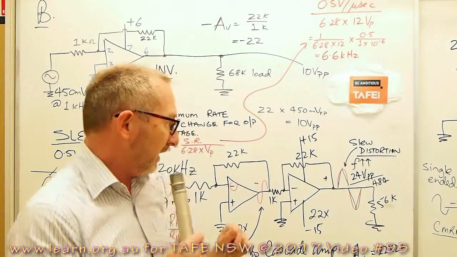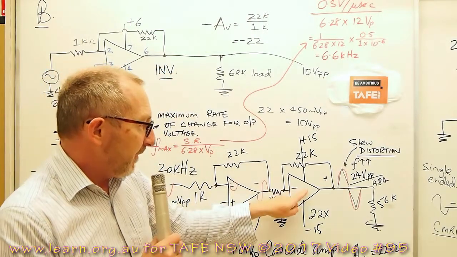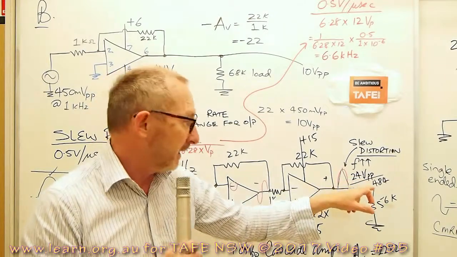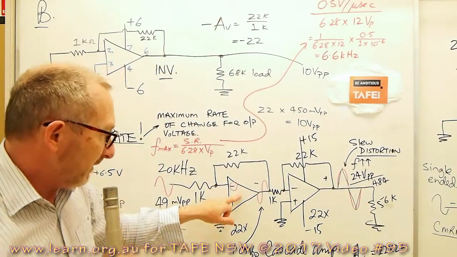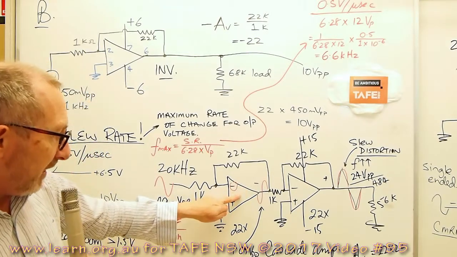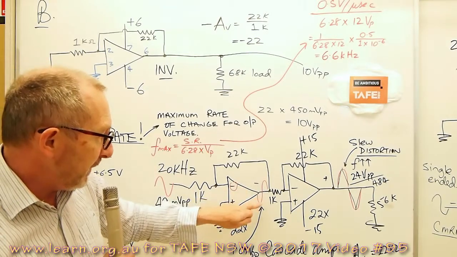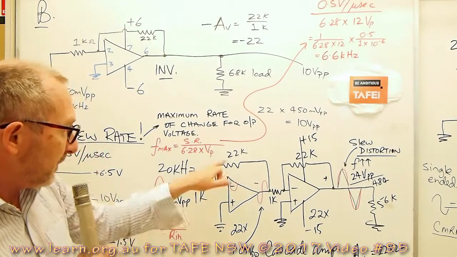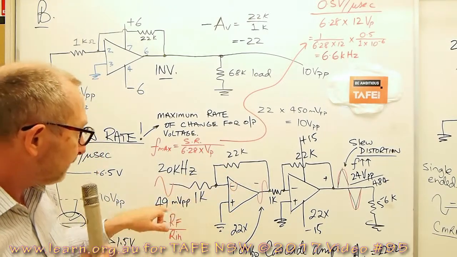That's the last thing I need. And this amplifier is going to be working quite hard to give me 24 volts peak to peak. The amplifier in front of that, stage 1, not working anywhere near as hard. The peak-to-peak waveform at this point is just 1.09 volts peak-to-peak with the same RF and RIN.